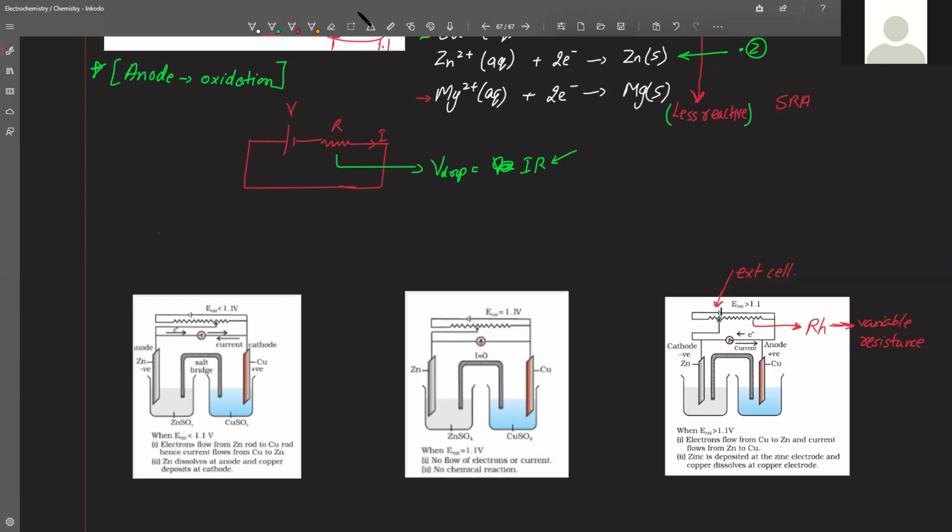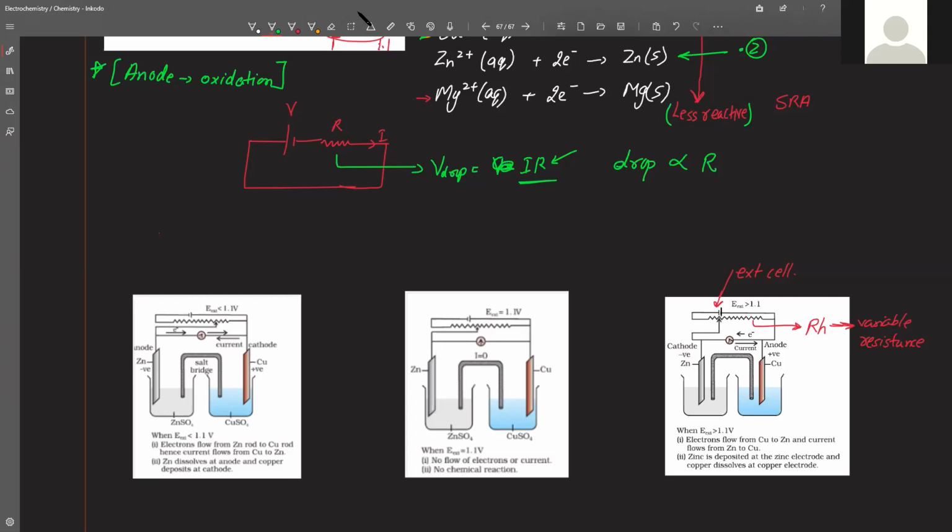In order to do that, it has to do some work, and as it does work, it keeps on losing its energy. That loss in energy is nothing but the potential drop, and that is given by IR. That means the drop in potential is directly proportional to R.